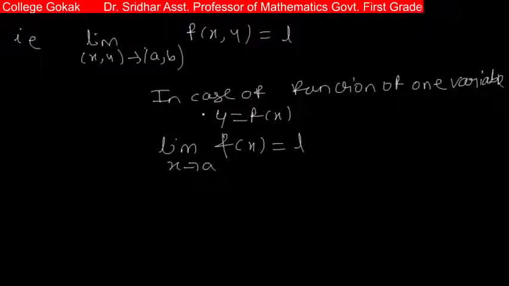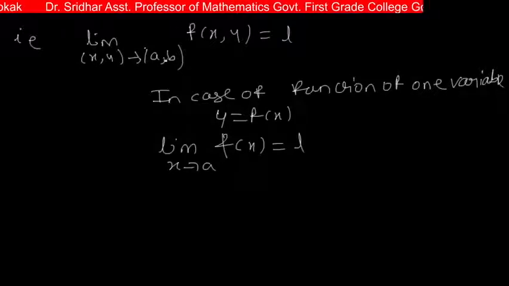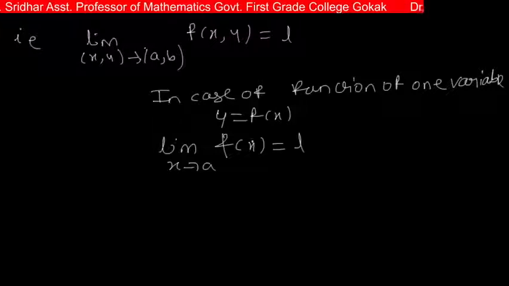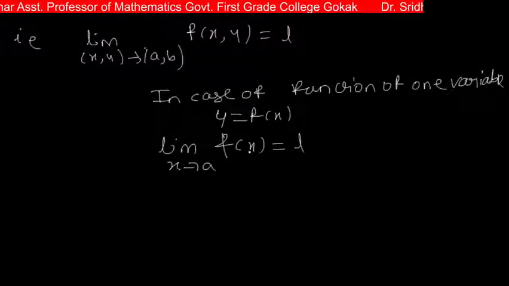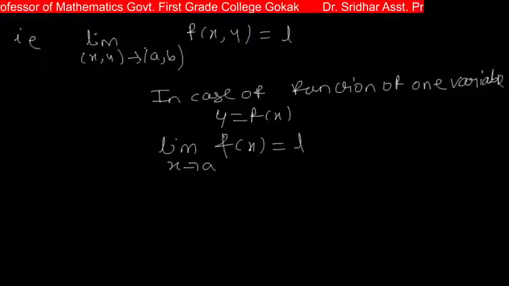So the limit for a function of two variables is also defined in the same way as for a single variable. Only here x is the only independent variable, and there x tends to the limit a.